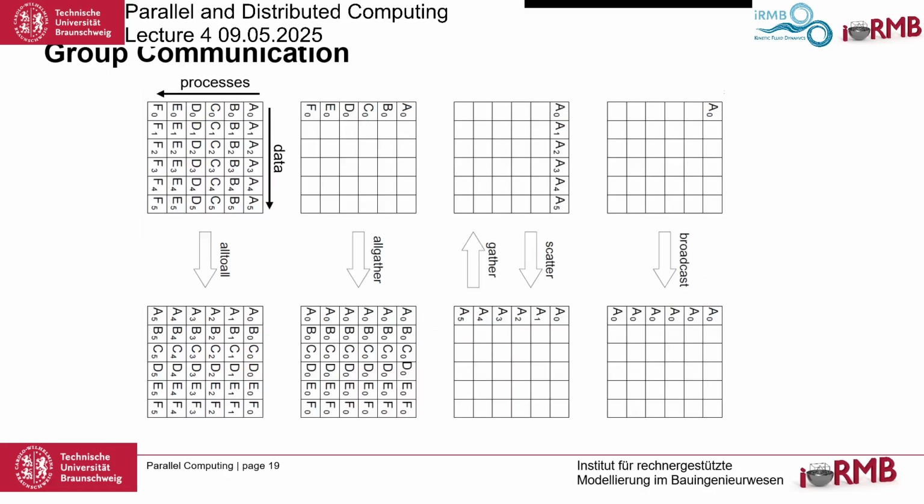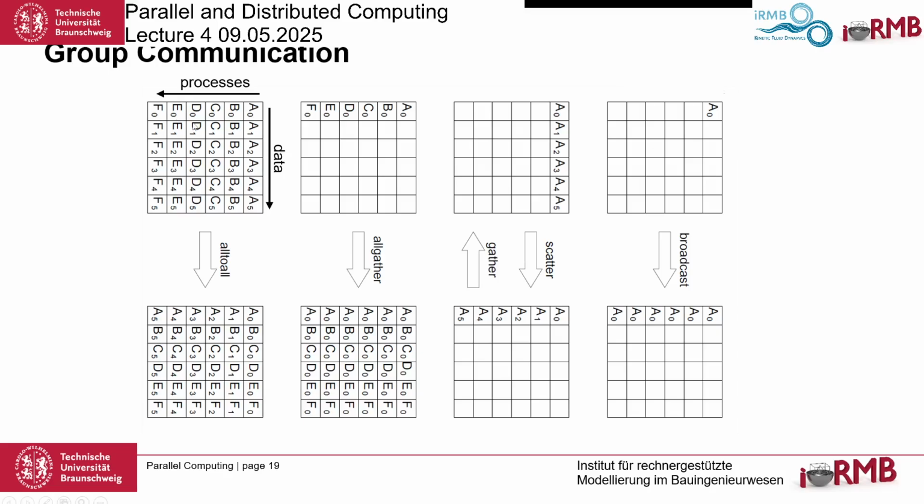Okay, so now a picture on this group programming, as I said. In this picture we have here horizontally the different processes that are working, and we have the data in this column.